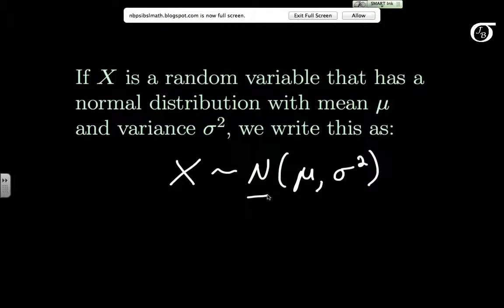X is distributed normally, a big N. The first term is the mean, the second term is the variance. Be a bit careful here, as different sources can have a different term in here. Sometimes people have the second term representing the standard deviation. I have the second term representing the variance. So just be a bit careful with that.